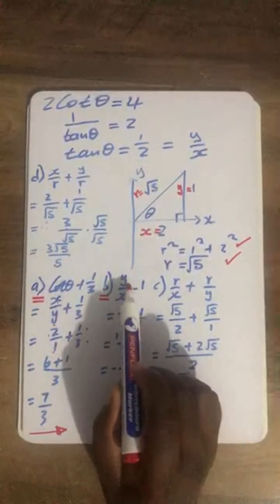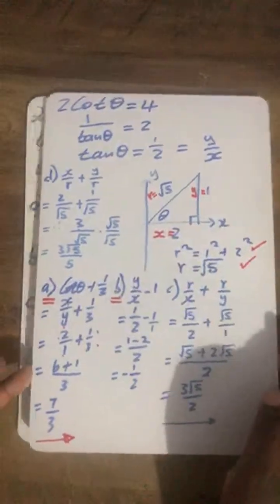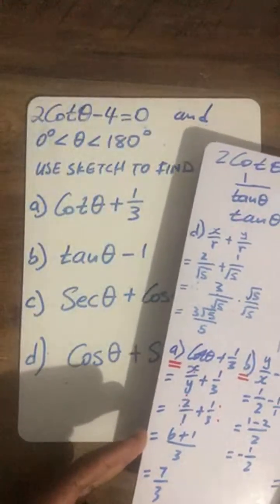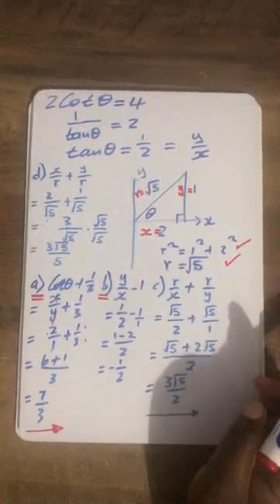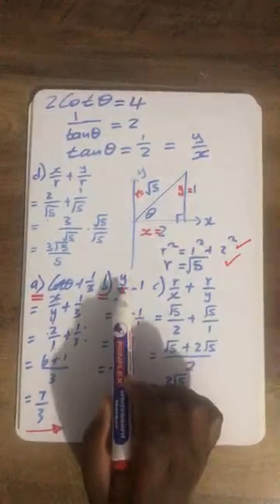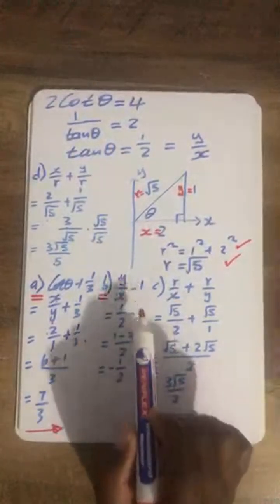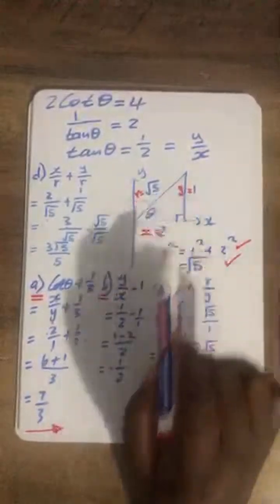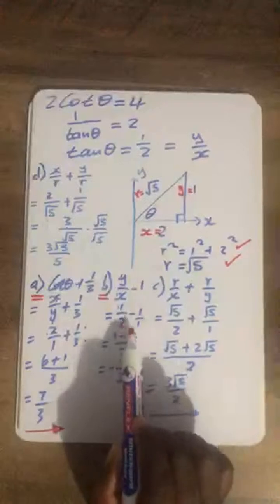Your B, what is it? What was the question for B? B is tan 1 minus 1. Yes, tan minus 1. Tan we know is y over x minus 1. Y is 1, x is 2, minus 1 over 1. You also do that one of LCD.